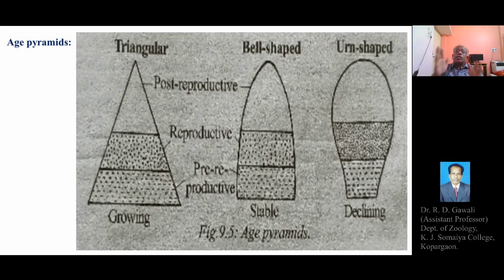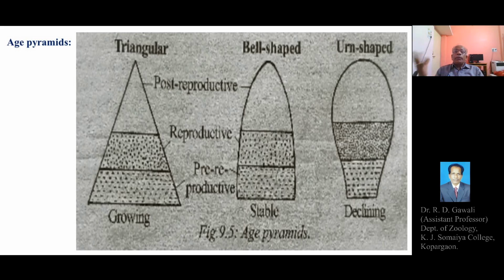In the second case, the population is stable, or at the stage of equilibrium, and in the third case, the population is decreasing or declining. This is because of the varied number of individuals in the three different age groups.